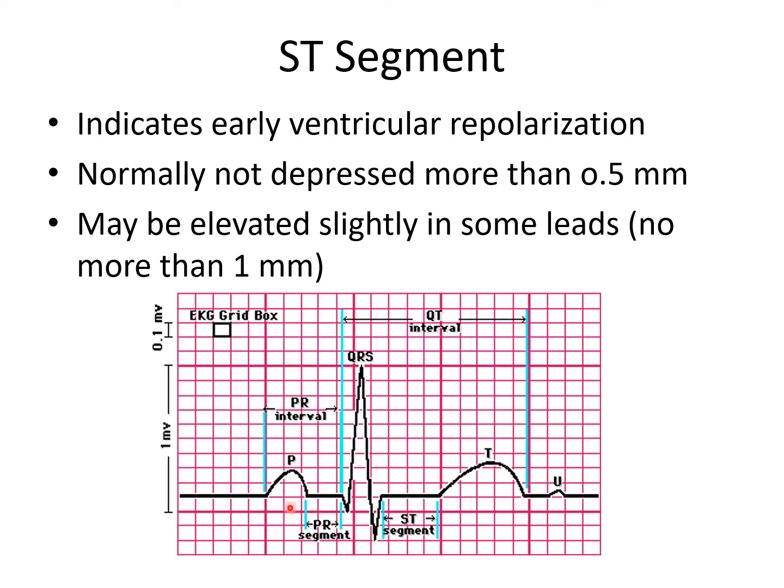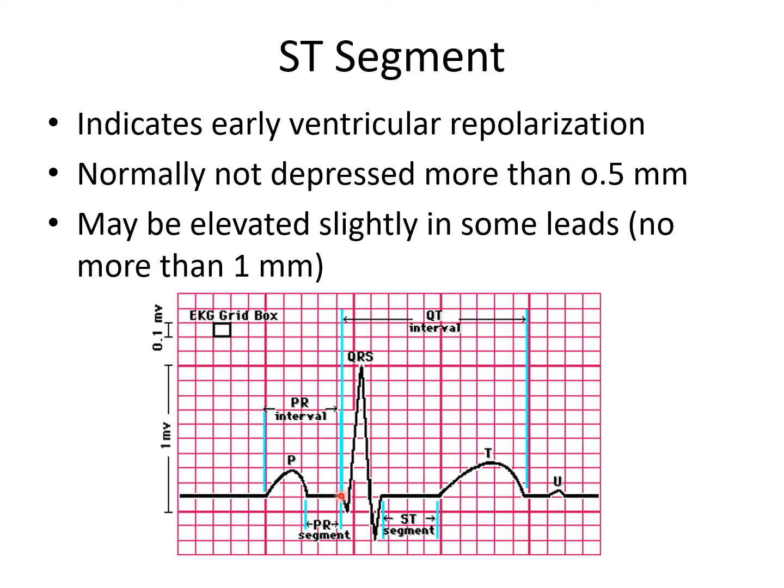Also, I will use this slide because it's very nice in showing us where we would want to begin our measurements and where we would want to end our measurements. For example, we see here the QT interval. When asked to measure the QT interval, we place one point of our caliper at the Q wave, at the very first downward deflection.